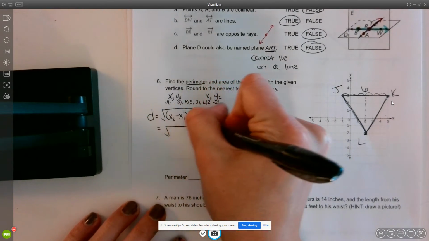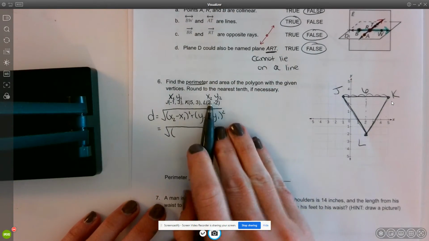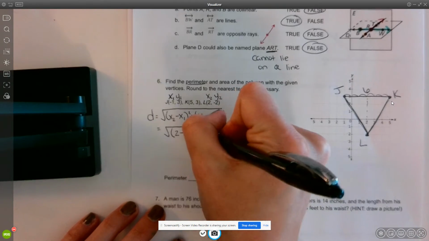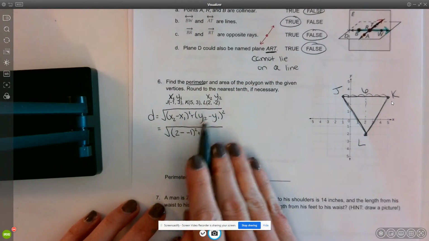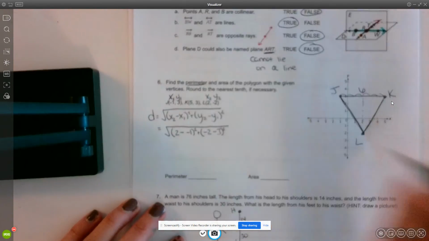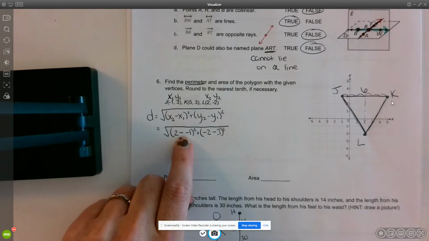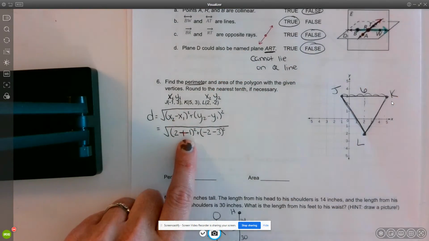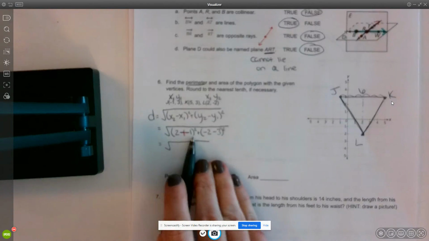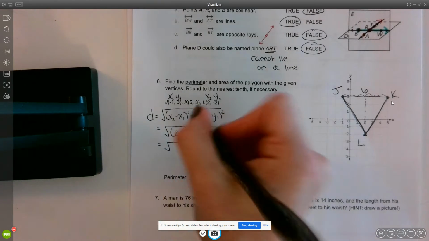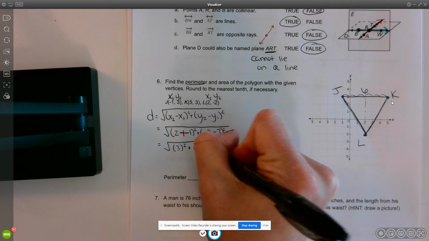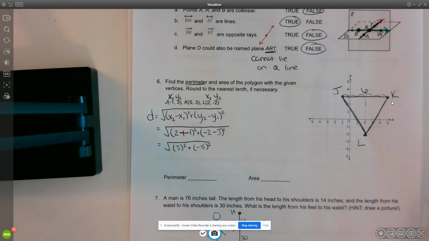So I'm going to plug these numbers in. x2 is 2, minus x1 is negative 1, y2 is negative 2, minus y1, which is 3. I see minus a negative, so I'm going to turn that into a plus. 2 plus 1 is 3. Negative 2 minus 3 is negative 5.